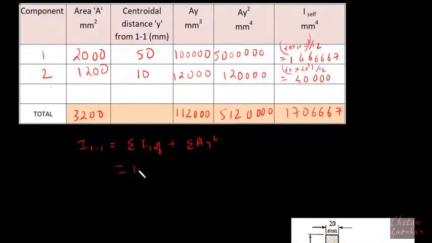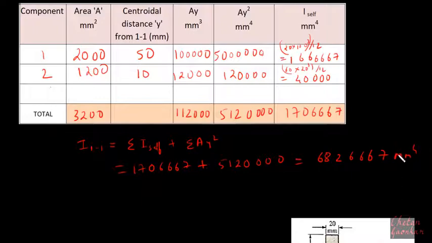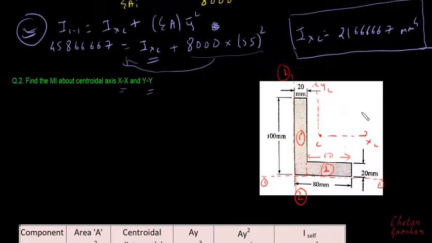So summation of I self, what we have got, is 1,706,667 plus summation of ay square is 5,120,000. And if I add these quantities, I should get 6,826,667 mm raised to 4. Again, all these units are in terms of mm.